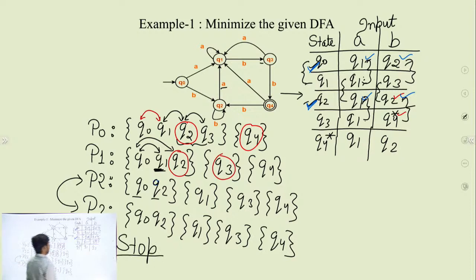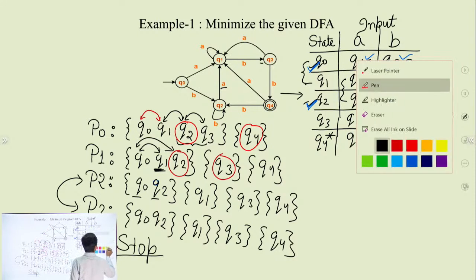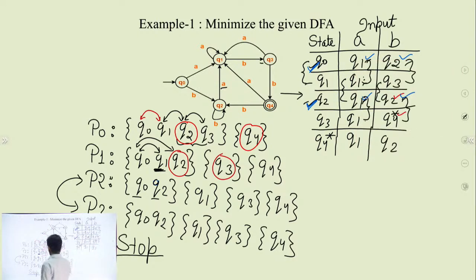Now from the minimized DFA, Q node and Q2 are equivalent states, so we combine Q node and Q2.